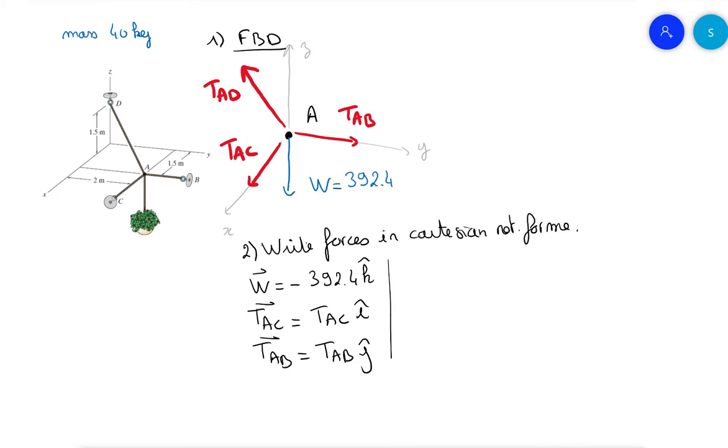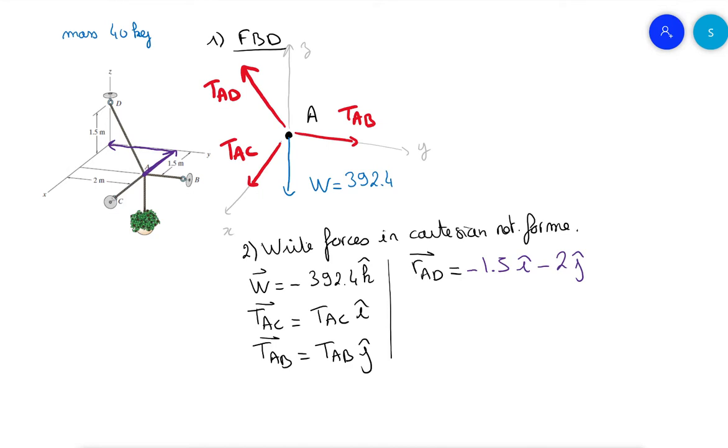So remember, we need to find the position vector, the unit vector, and at the end, we can have TAD. So let's find first RAD, the position vector. Okay, so we go from A to D. First on i hat, we are going minus 1.5. On j hat, we are going minus 2.